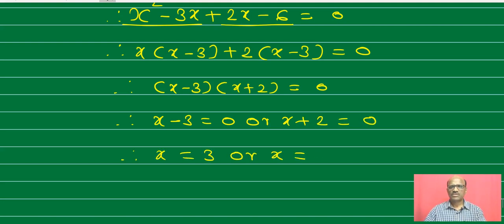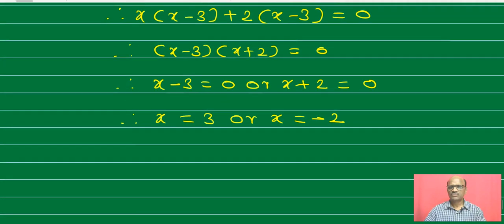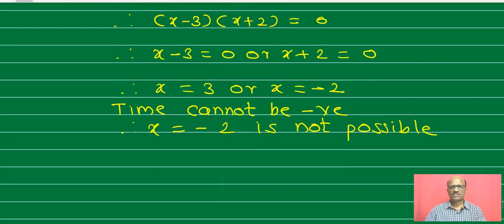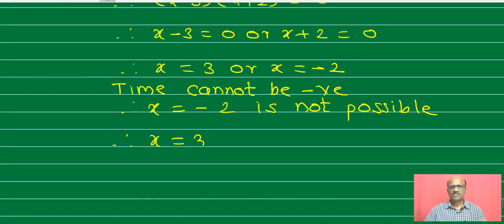Therefore, x is equals to 3 or x plus 2 is equals to 0 means what? x is equals to minus 2. The time is not negative. Therefore, minus 2 is not possible. Therefore, x is equals to 3.